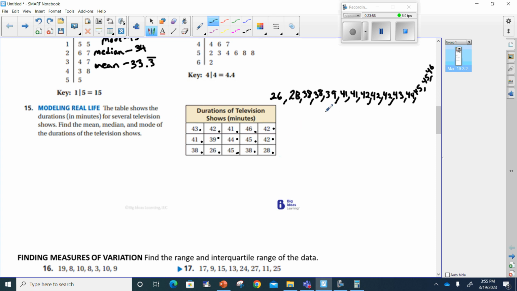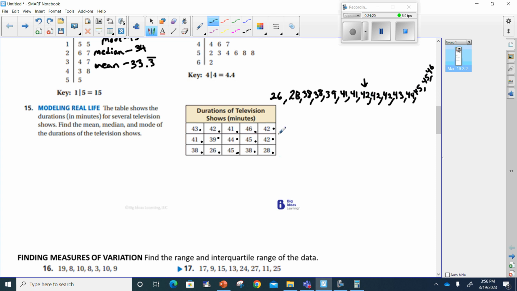If I'm going to do this, there's 1, 2, 3, and 1, 2, there's 15 numbers. That means dead in the middle of 15 should be 7.5, so I'm going to look for the eighth number. 1, 2, 3, 4, 5, 6, 7. The eighth number is here, which means there's 7 numbers here and 7 numbers here.